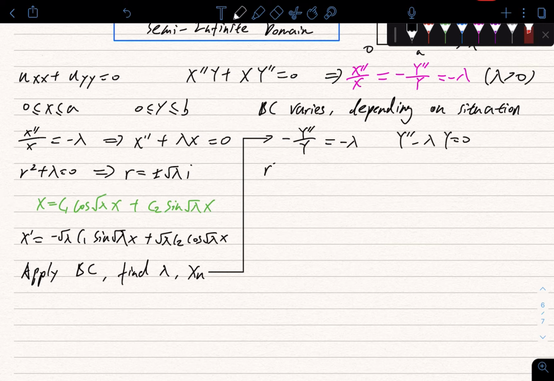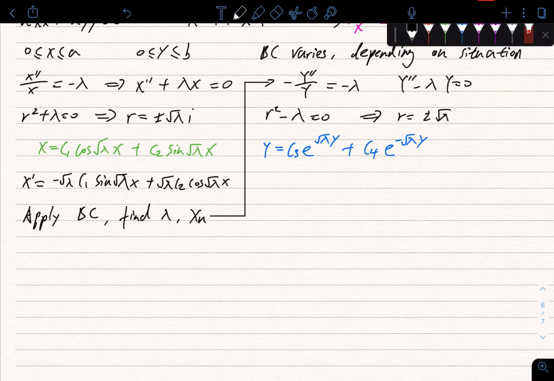So r squared minus lambda equals 0, which gives r equals plus or minus square root of lambda. Your y term will become Y equals C3 e to the square root of lambda y plus C4 e to the negative square root of lambda y.